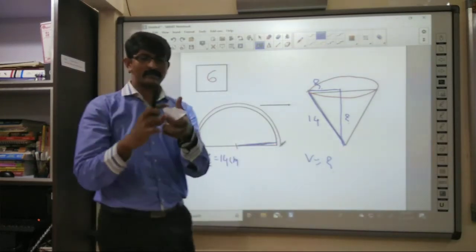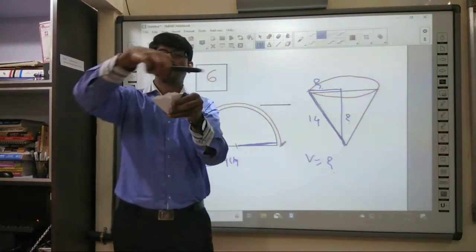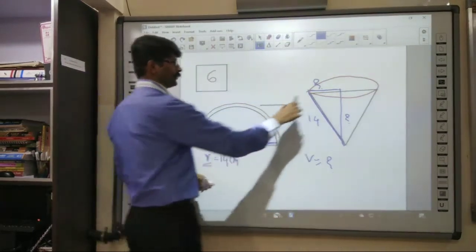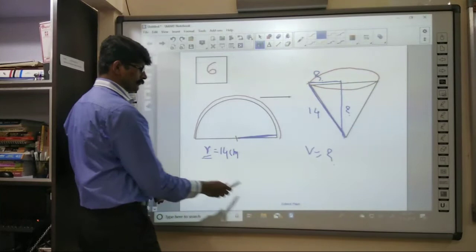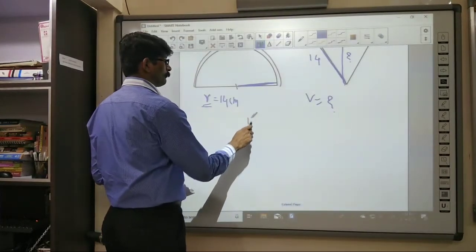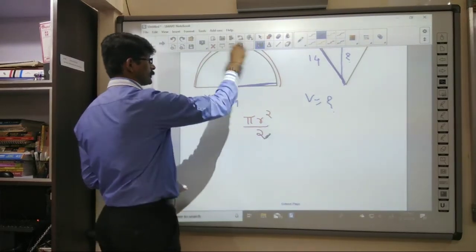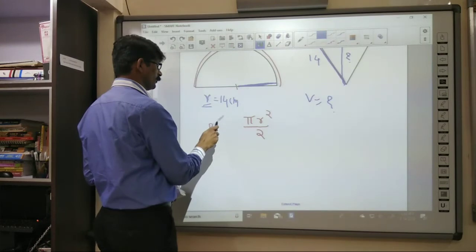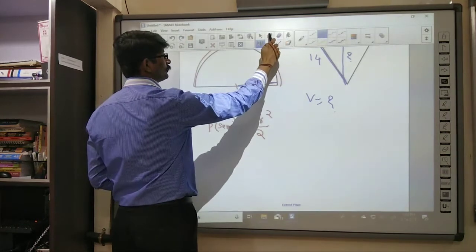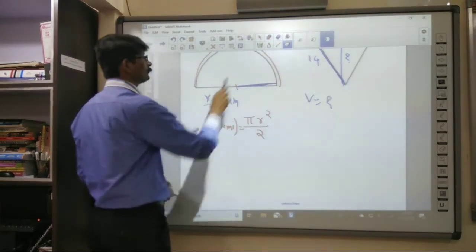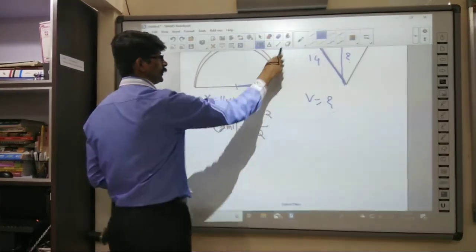Are you understanding? This semicircular boundary has been converted to this circular portion, isn't it? So this circular ring over here is the circumference. Okay, so if this is pi r square upon 2, that is what we say, the perimeter of semicircle, or you can say circumference, not perimeter, circumference of semicircle is equal to pi r square upon 2. Oh, that's wrong.